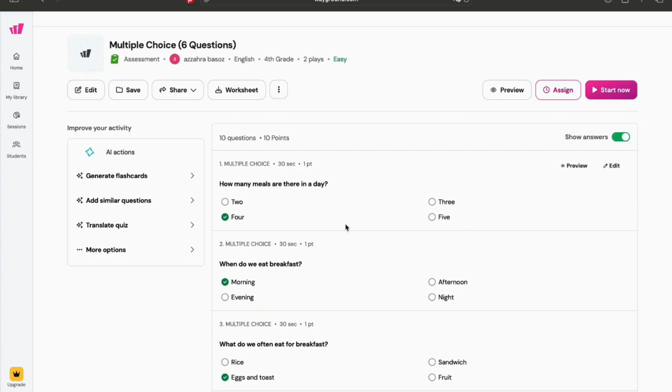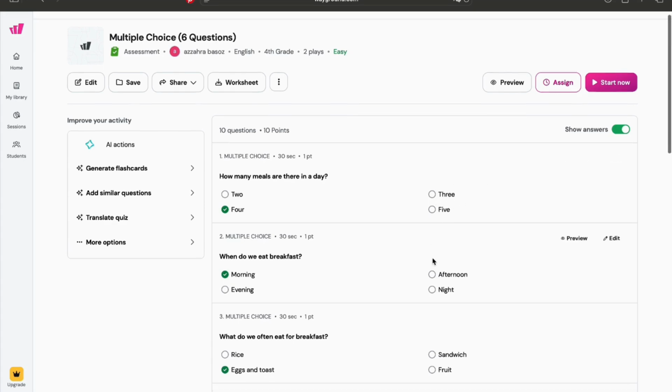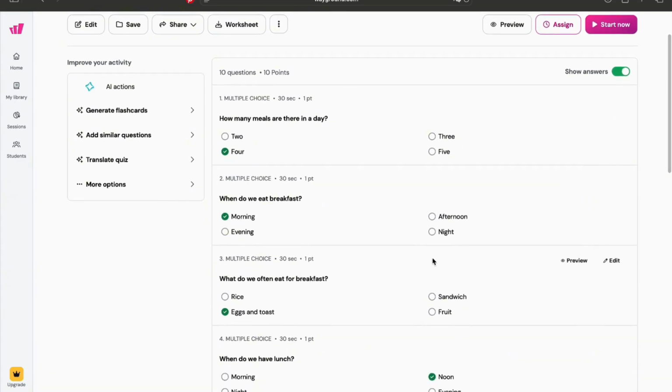And also, in this section, students are given clear instruction before doing the exercise. Giving clear instruction is important to make sure that students understand what they need to do during the activity. First, students are instructed to listen carefully to the video and pay attention to the information given.